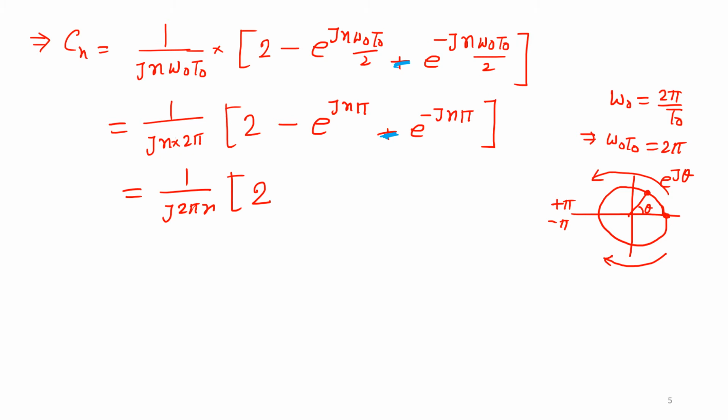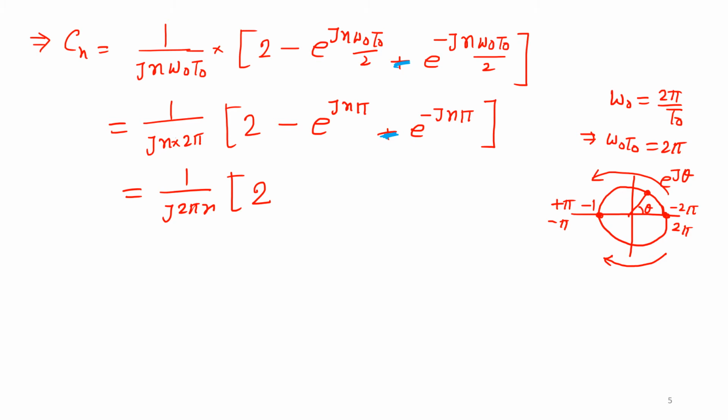So e to the power j pi corresponds to this point, and that is equal to minus 1. And e to the power minus j pi is also minus 1. Then if we move again and come to this point, it will be 2 pi, and also minus 2 pi if you move this way.